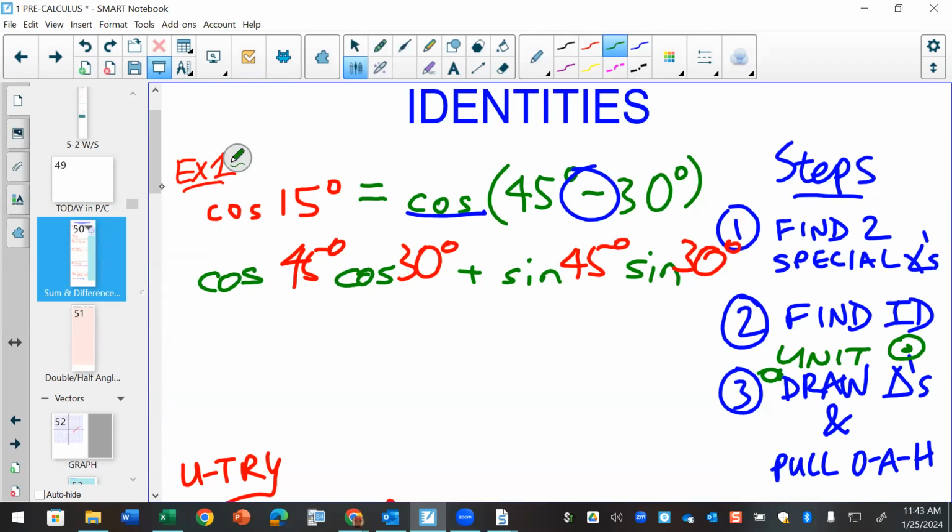Unit circle, or you can draw triangles, and then you're gonna pull what you need, X or Y or O, A and H. Okay, so on the unit circle, go to 45 degrees. So I'll write it here. Remember, I like for you to show me where the answer came from. So you'll write that on there.